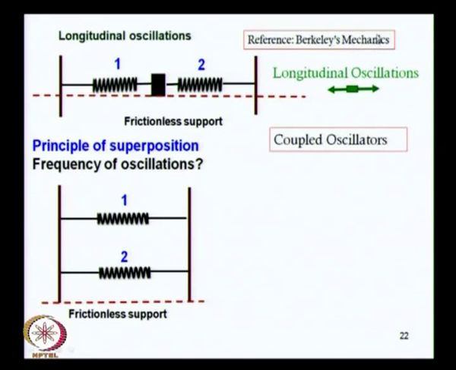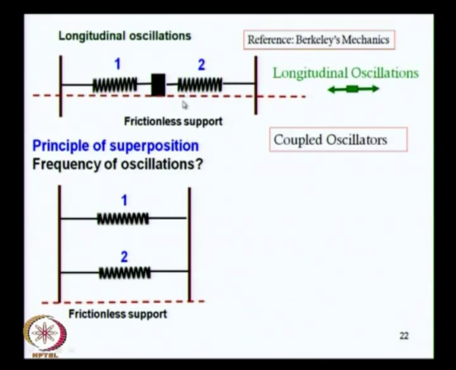The volume 1 is on mechanics, and there are simple examples of this kind, that you have a mass which is attached to two springs, one on this side and one on the other, or two springs which are held together. They have this kind of configuration as shown, and they can carry out oscillations on a frictionless support.